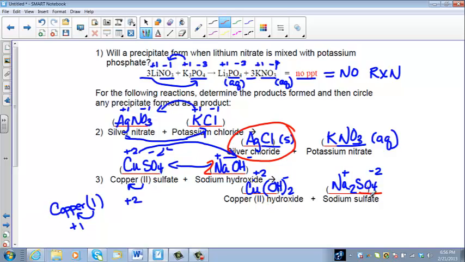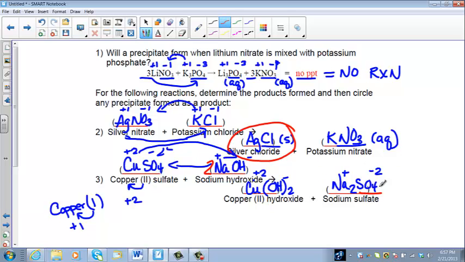SO4 sulfates are going to be soluble unless they're combined with silver, calcium, strontium, barium, or lead.